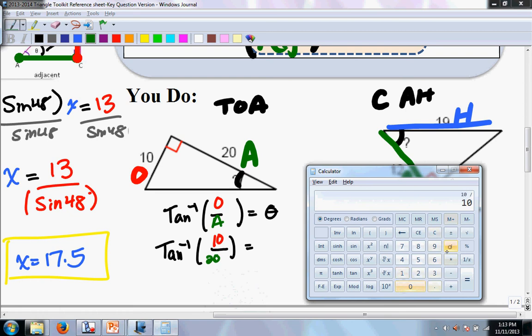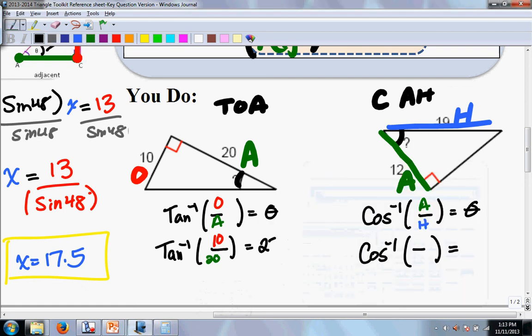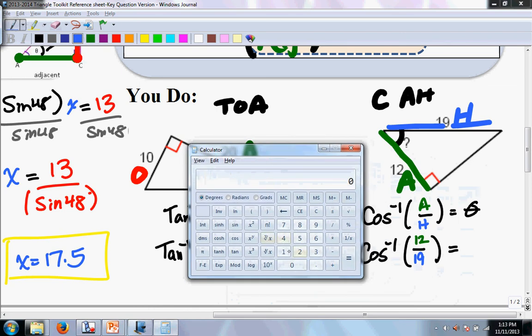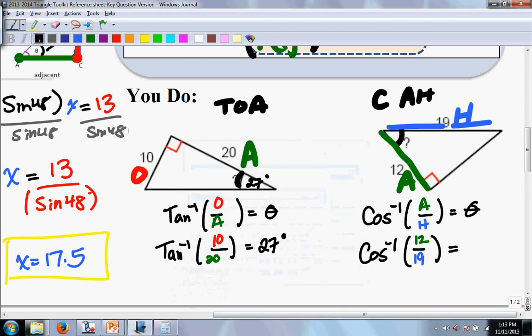So in my calculator, it goes like this. 10 divided by 20 equals, then I do inverse tangent, and I round to the nearest whole degree, 27 degrees. For the one on the right, inverse cosine is going to be adjacent, which is 12 over hypo, which is 19. So in the calculator, we do 12 divided by 19, inverse cosine, and I get 51.